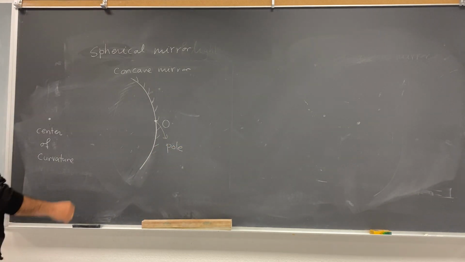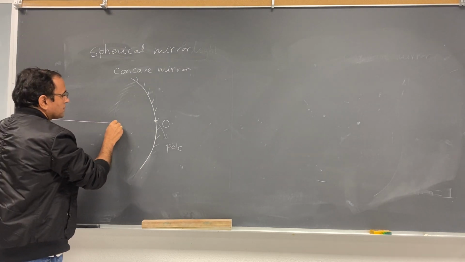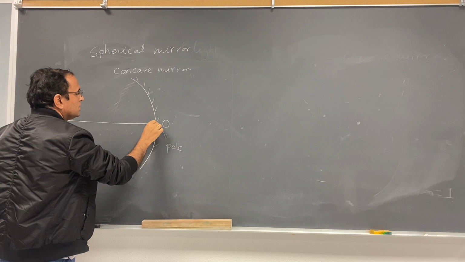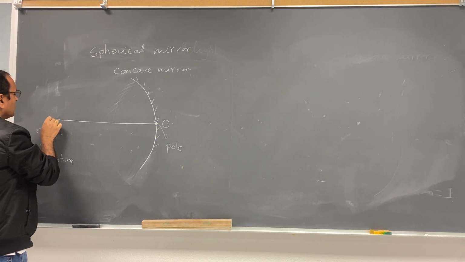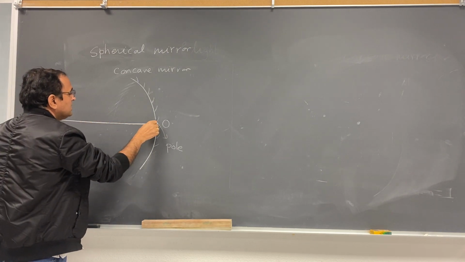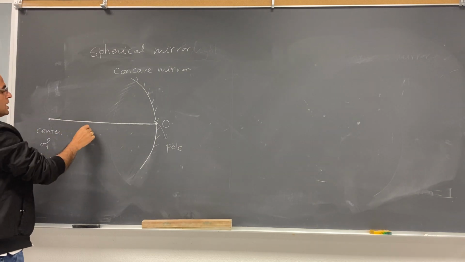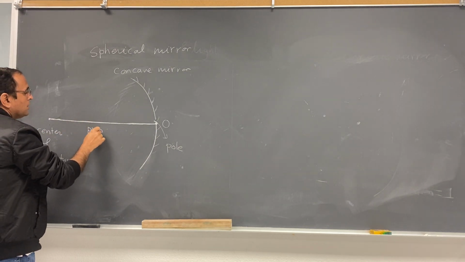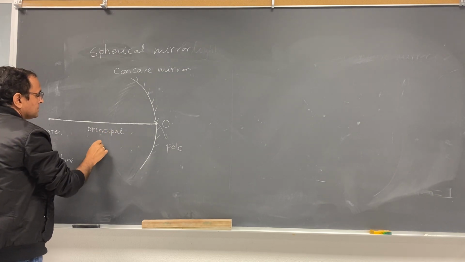And if you join a straight line like this, if you join these 2 points, this line is called the principal axis.